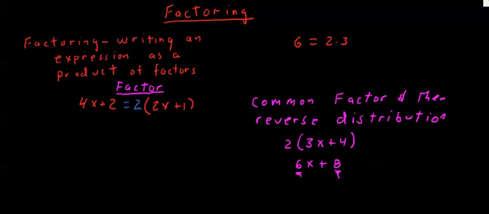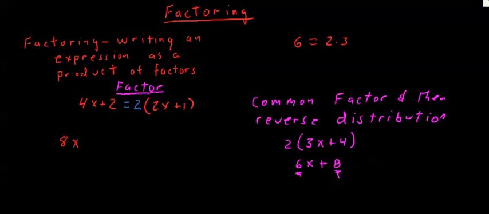I factored it. It's a product of factors. We look for the common factor, and then we undo the process of distribution. 2 times what? 2 times what?